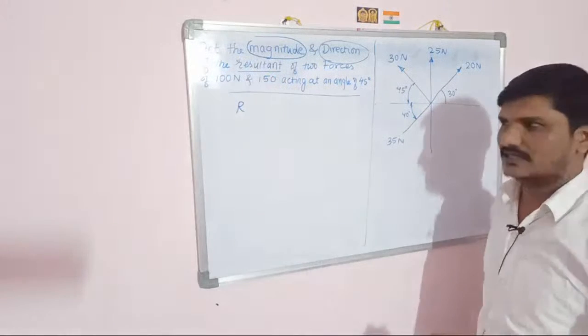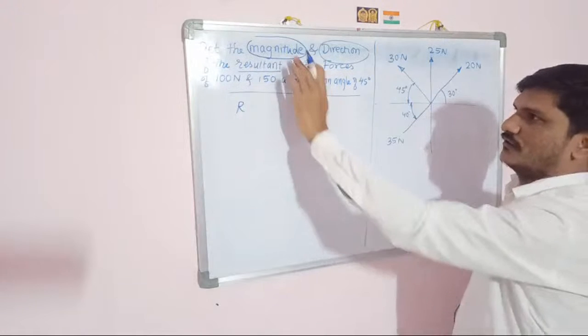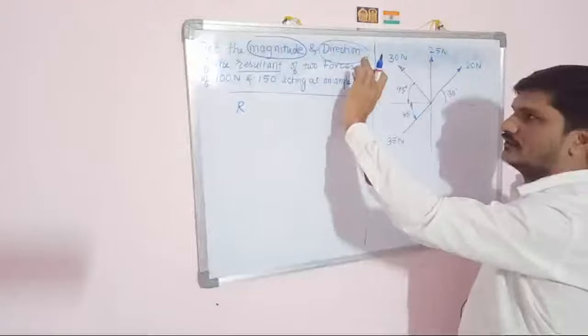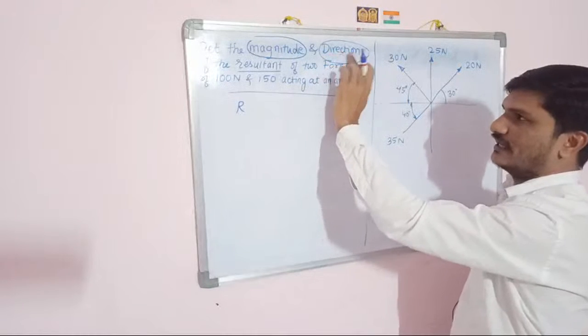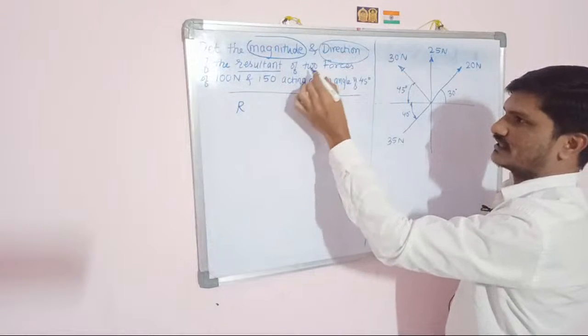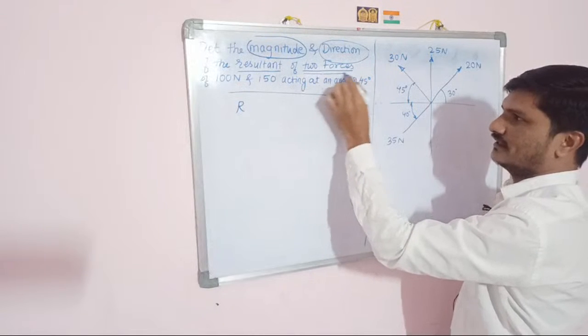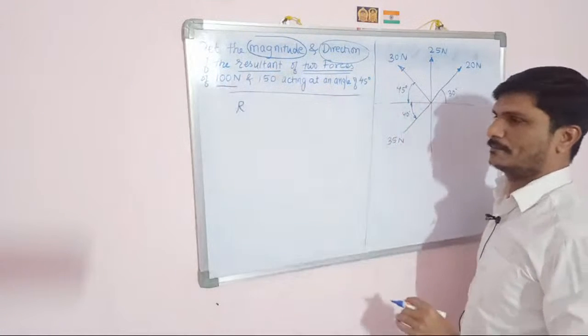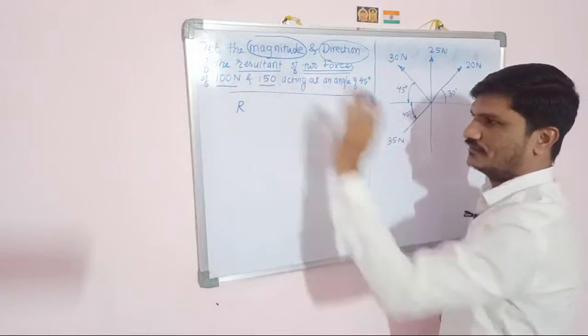Let us say R is the resultant. For that, you need to calculate the magnitude of the resultant, and also let us calculate the direction of the resultant. How many forces are applying? There are two forces applying. One is 100 Newton and another is 150 Newton.